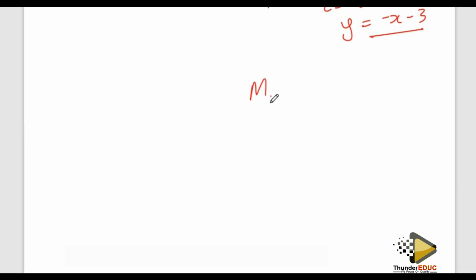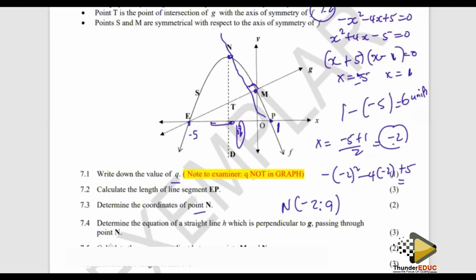So M1 multiplied by M2 must give us negative 1. But do we even know the gradient of G? We don't, but we can find it. Since this is 5 and this is negative 5, which means the gradient is just positive 1.